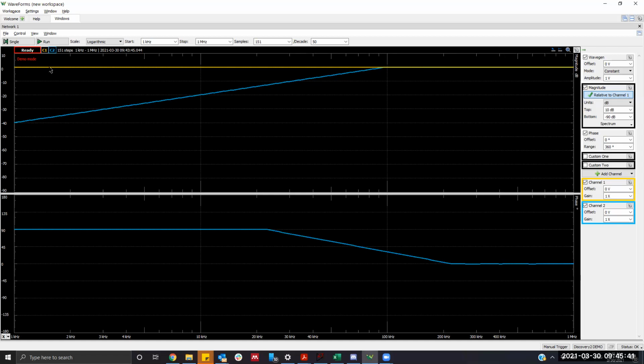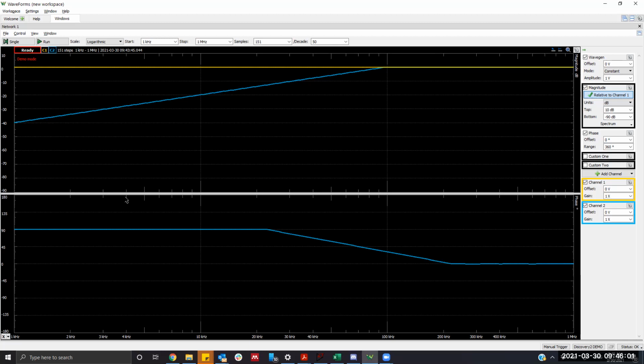So channel 1 should always be at 0 decibels, and channel 2 will be plotted with reference to channel 1. So if it is 10 times smaller than channel 1, then you will see it at minus 20 dB, and so on, right?